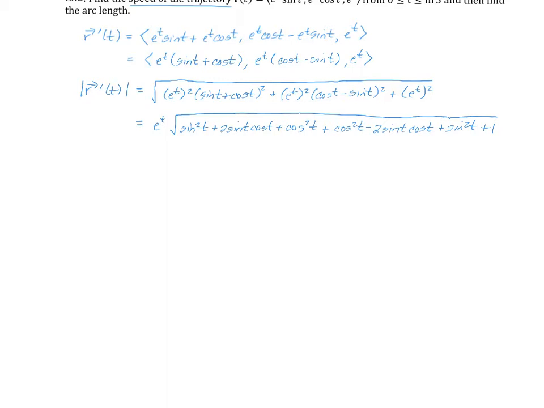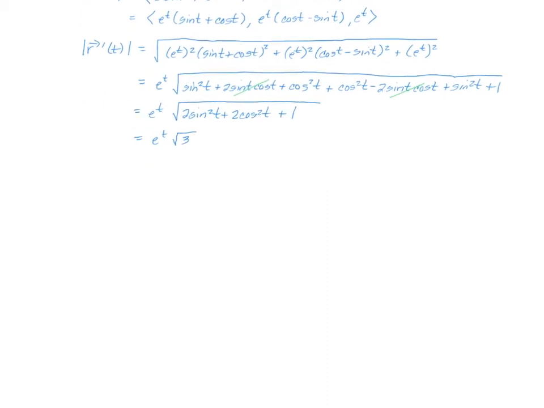I can see that the plus 2 sine cosine and minus 2 sine cosine will cancel. Looking at what's left over, I have 2 sine squared plus 2 cosine squared plus 1. If I factor out the 2, sine squared plus cosine squared is just 1. And I have e to the t. This becomes e to the t times the square root of 3.